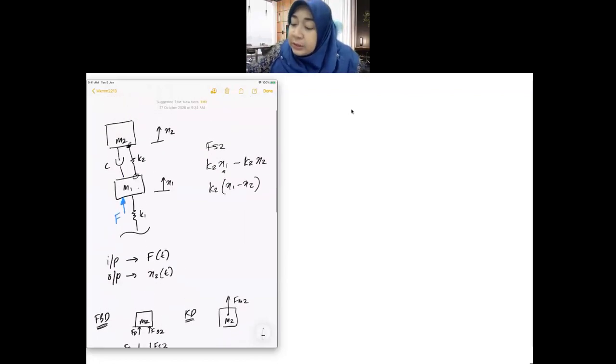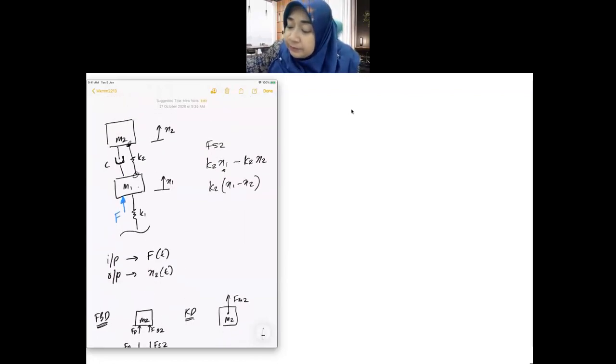Because the location of your damper is next to your K2, the situation is the same, isn't it? Your damper will also have compression first. When your external force pushes mass 1, the damper will have compression first, before the other end of your damper reduces the compression.